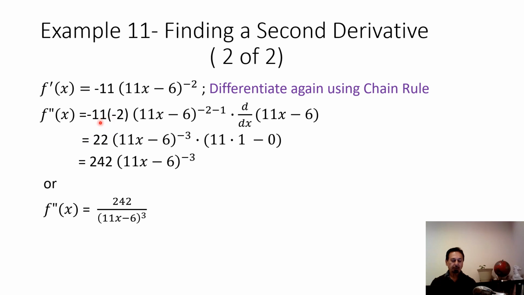So now you simplify: negative 11 times negative 2 is positive 22, and 11x minus 6, and this becomes negative 3. Now the derivative of 11x is 11 times 1, and the derivative of 6 is 0. So this becomes 11. 11 times 22 becomes 242. And just bring down 11x minus 6 to the minus 3. Or you can rewrite the second derivative as 242 divided by 11x minus 6 to the power 3.